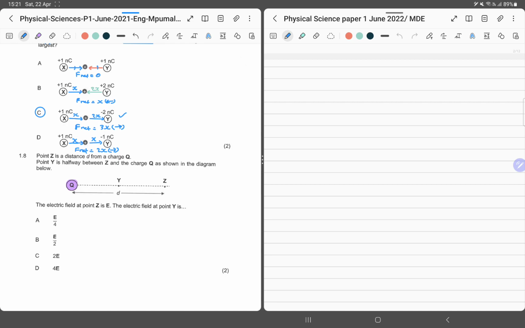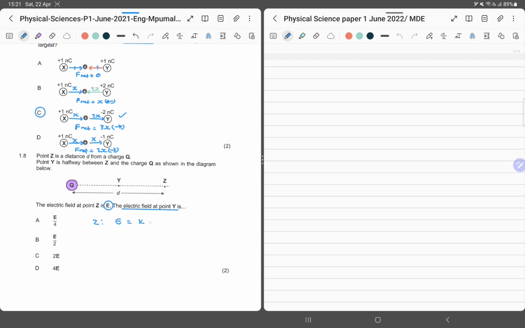Then we're told here, the electric field at point Z is E. Not a problem. Now the electric field at point Y is, so what is the electric field at point Y? What do we know about point Z? We were told that the electric field is E, but how do we find the electric field?